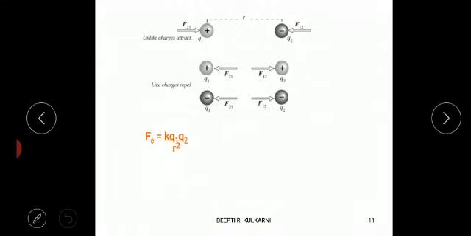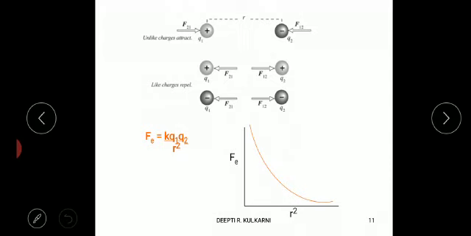Similarly, in the charges also, suppose we consider two unlike charges, then there will be an attractive force. If we increase the distance between the two charges, then again force decreases.